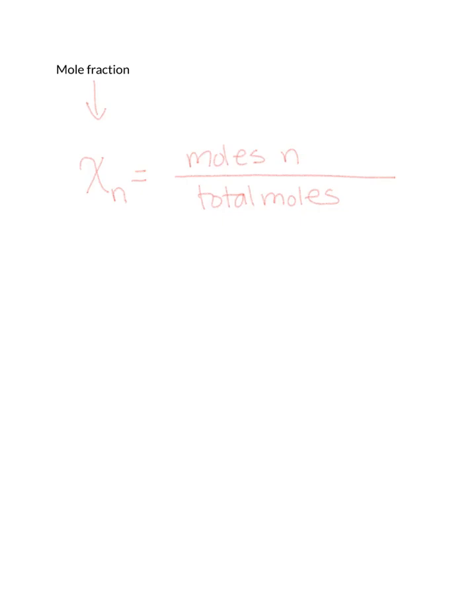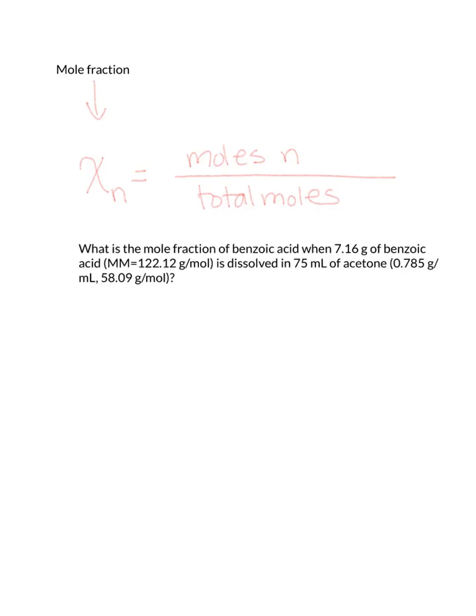So let's just do one quick mole fraction problem. Let's work with that same solution of benzoic acid, and we now know that we make it by dissolving 7.16 grams of benzoic acid in 75 milliliters of acetone. And so if I wanted the mole fraction of benzoic acid, I'd just be trying to find chi of benzoic acid. What would I need?